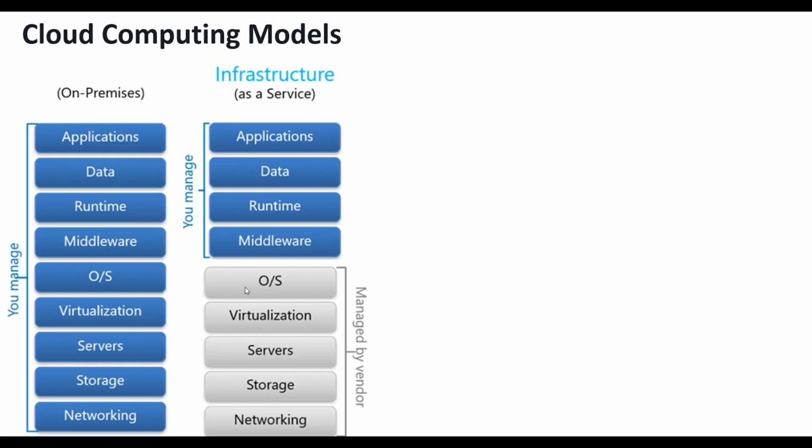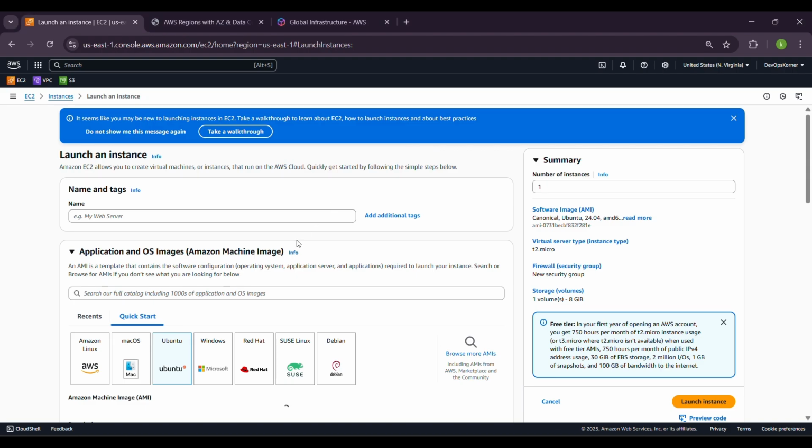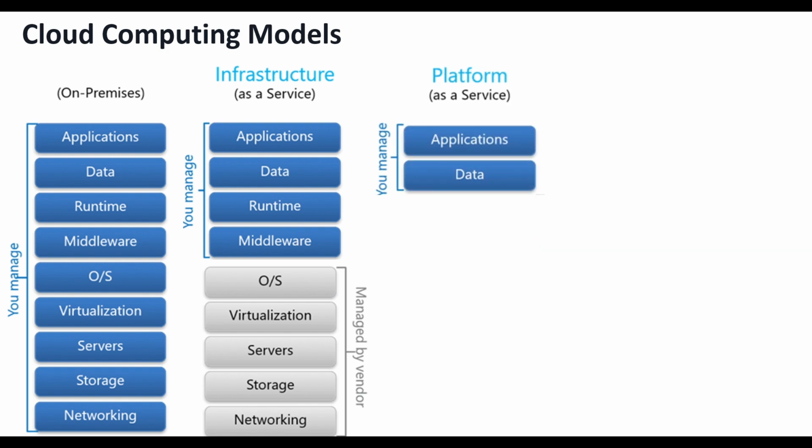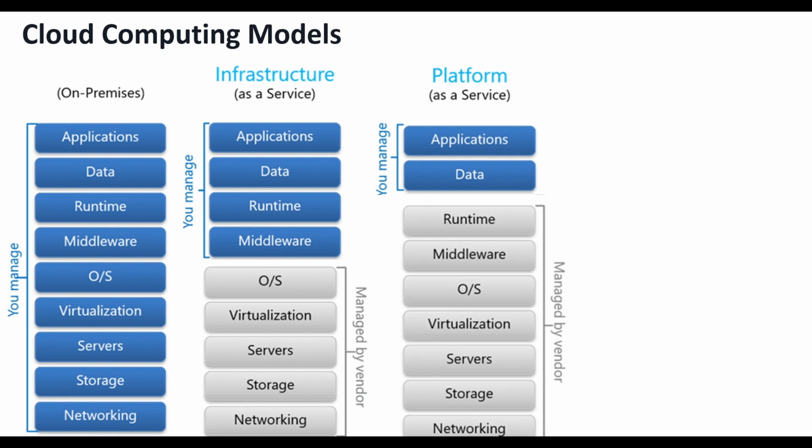The best example of infrastructure as a service is EC2. The next service is platform as a service. Platform as a service means the CSP, the cloud provider team, will manage the networking, storage, servers, virtualization, operating system, middleware, and runtime as well.